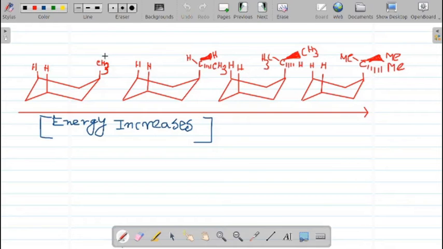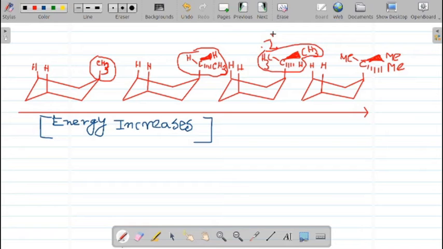And here you can see that the methyl group is present at the axial position. In this case the 1 degree carbon is present at the axial position, and in this case the substituent will be the 2 degree.